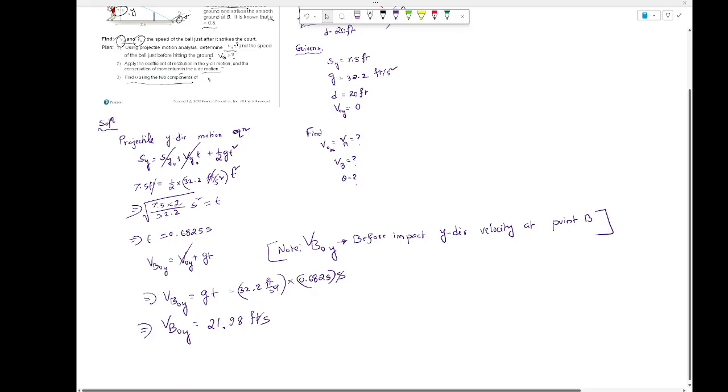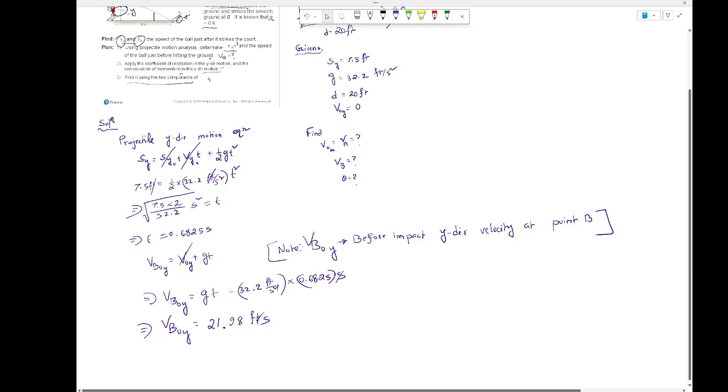So now, can you write this? At point A, the x direction velocity with this x distance that it traveled. Do you know the x distance that it traveled? It's 20 feet, right? So can you write 20 feet equal to this velocity multiplied by the time? This is the x direction velocity only at point A. Make sense? So that's how we're going to find VA, or you can say V0x if you'd like to write it that way.